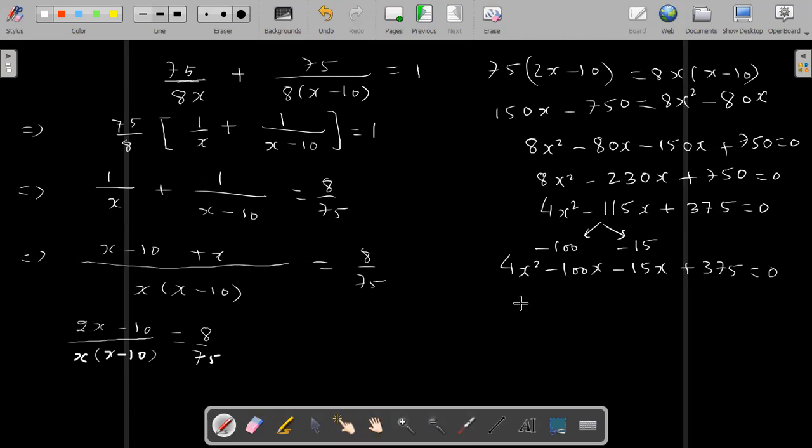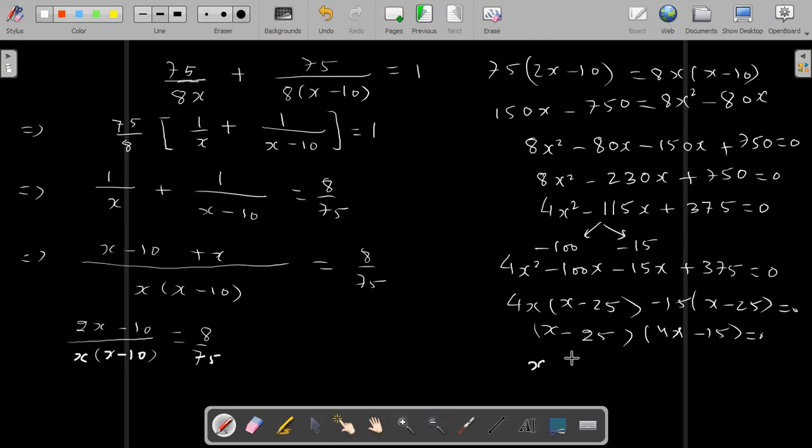Now 4x common, 100, x minus 25 and minus 15 common, x minus 25 is equal to 0. So x minus 25 into 4x minus 15 is equal to 0. So we get two answers, x is equal to 25 and x is equal to 15 by 4.